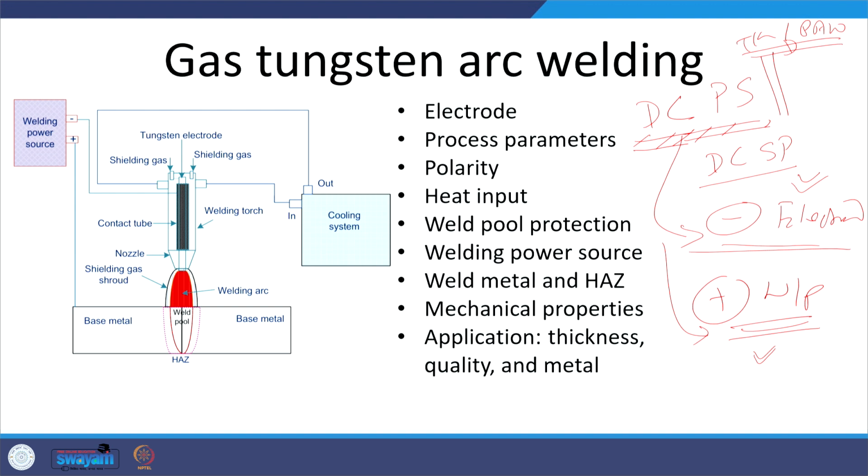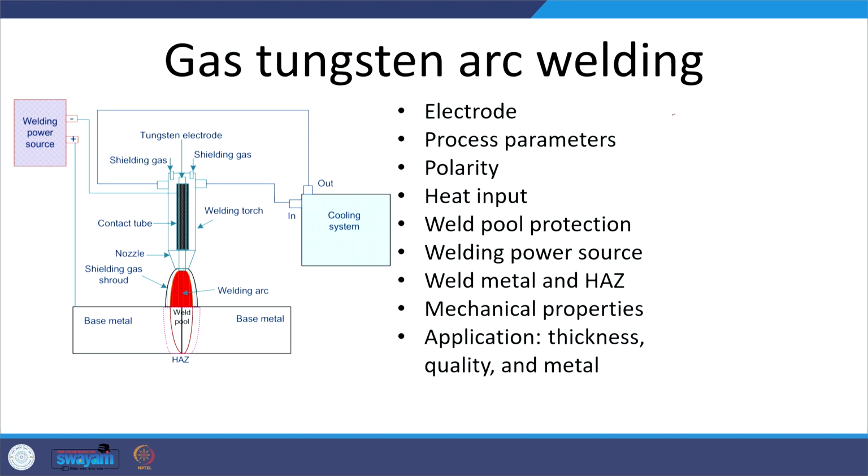But if we are dealing with the non-ferrous metals, then the reverse polarity is used, which means the electrode is positive. For welding of the non-ferrous metals, where the metal forms oxides rapidly due to the interaction with atmospheric gases, the DCRP is used in order to have better cleaning action.